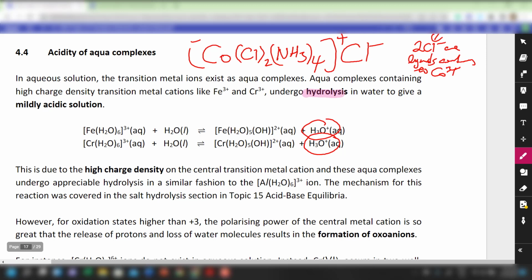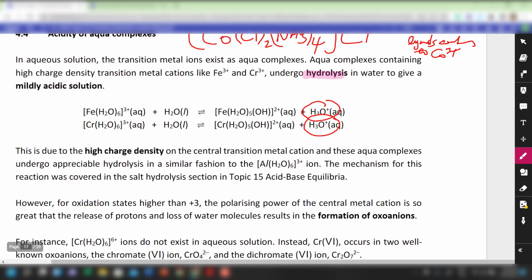Based on what you have learned, there are 3 in total within your H2 curriculum: aluminium(III), iron(III), and chromium(III). These are the 3 metal cations which have high charge density, and you need to be aware of the acidity of their aqua complexes.